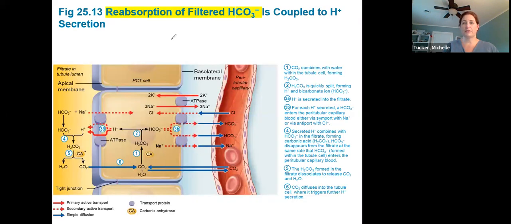This is the first of three diagrams. The first step that you want to take in evaluating each of these three diagrams is how many bicarbonates are you starting with, and then how many bicarbonates are you going to end up with? In this figure, we start with one bicarbonate entering the filtrate.